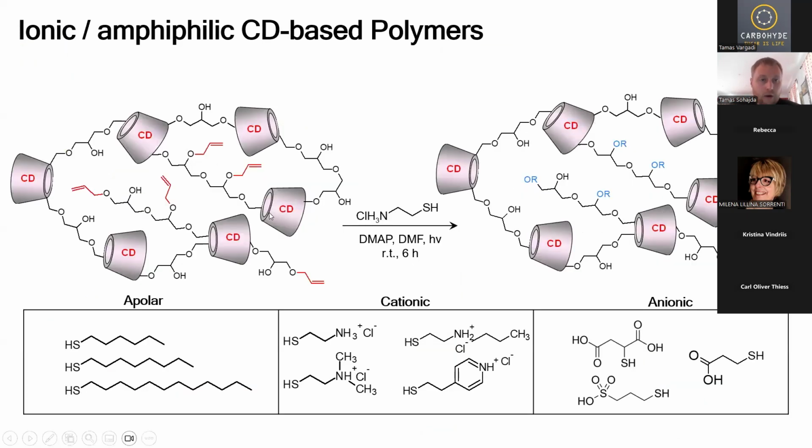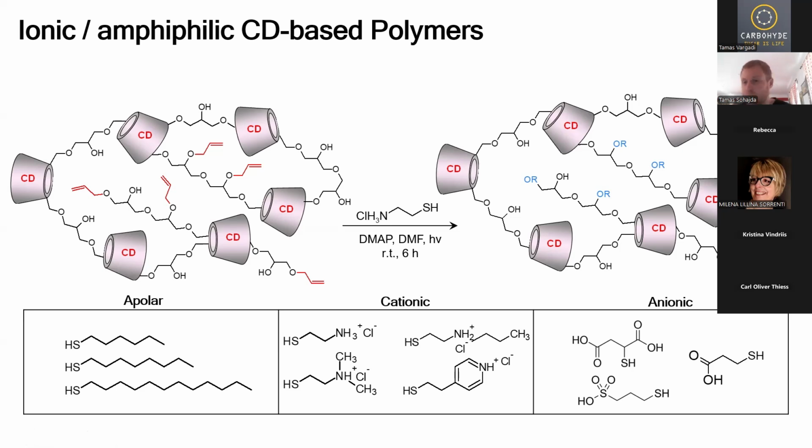So a few words about cyclodextrin polymers. This is something that's very interesting in the cyclodextrin area, and there are a lot of approaches for how cyclodextrin polymers could be used. There is a very wide versatility in what kind of polymers you can create. As you can see, you can create neutral and apolar types of polymers, cationic, anionic, depending on what kind of agent you use for the polymerization.